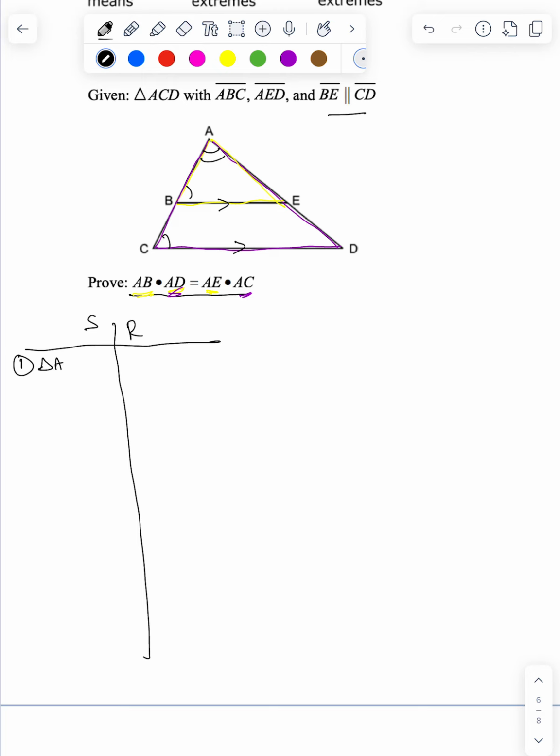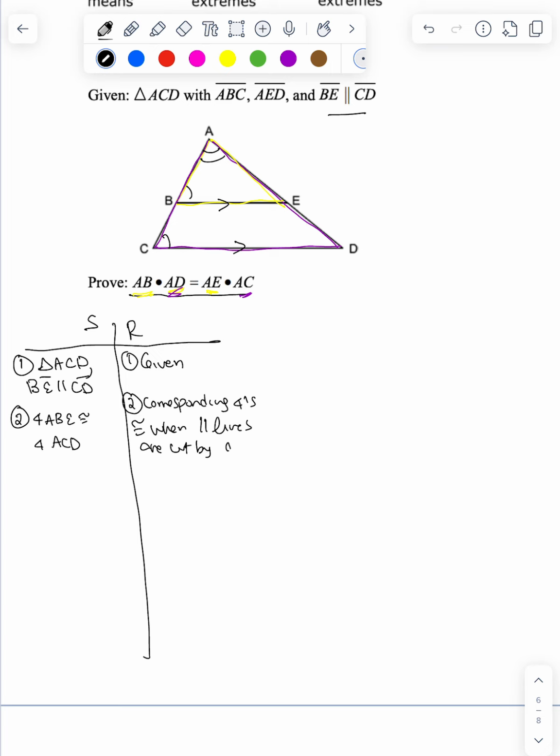So we have triangle ACD. And BE was parallel to CD. And from having the parallel lines, we were able to say that angle ABE is congruent to angle ACD. And that's because corresponding angles are congruent when parallel lines are cut by a transversal.